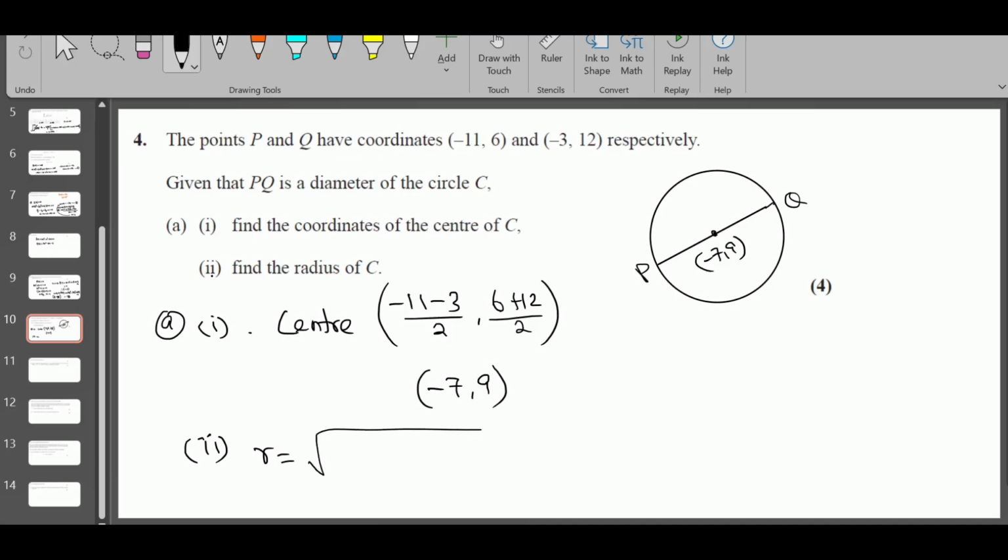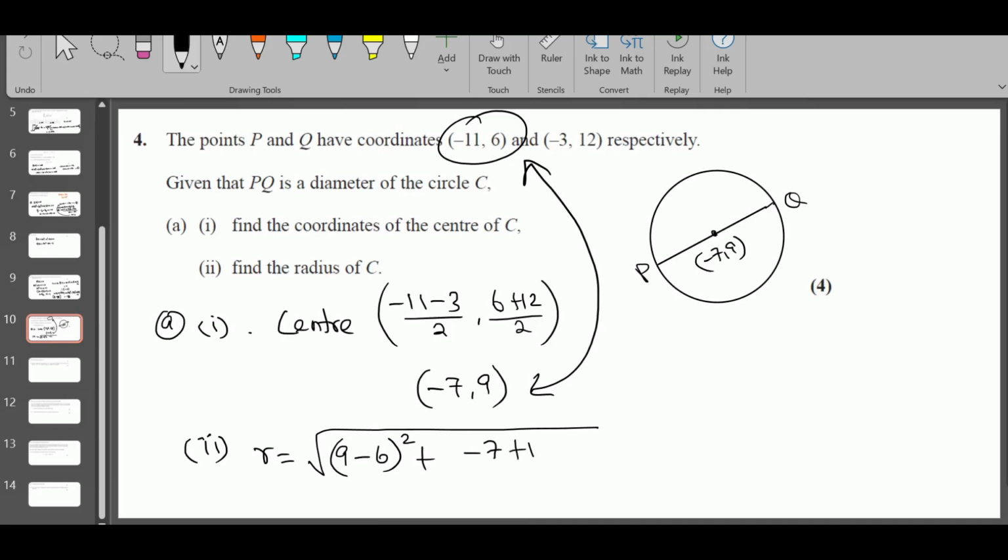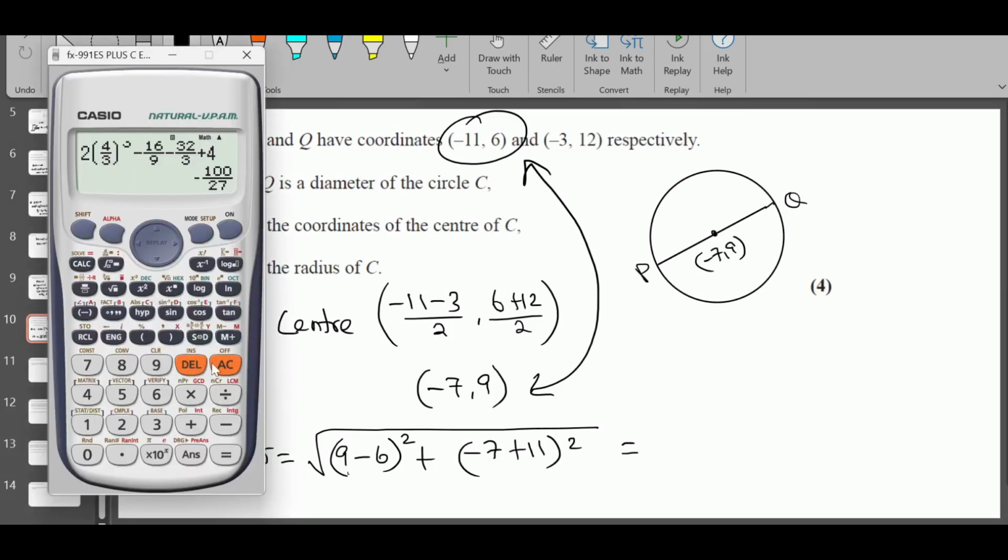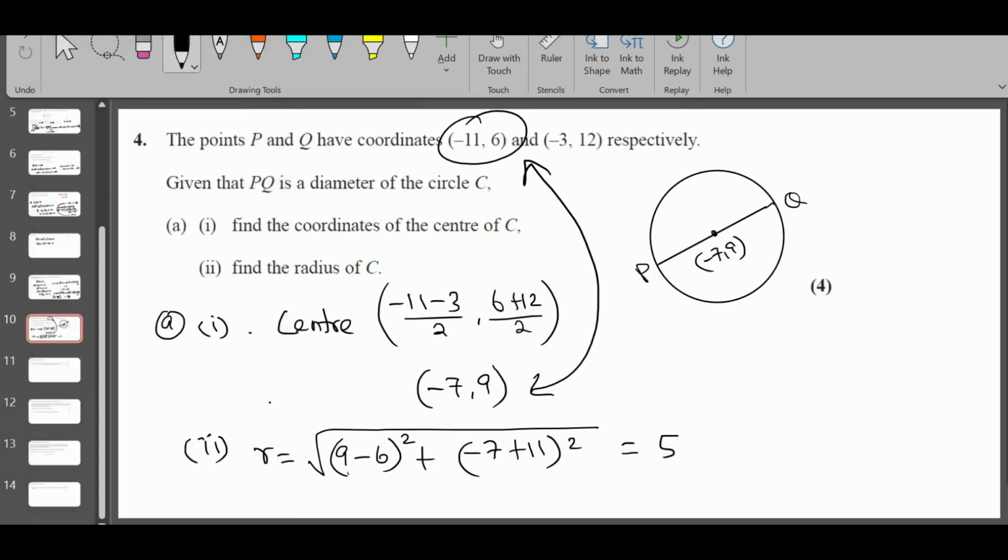So square root of y2 minus y1 the whole squared plus x2 minus of minus 11 the whole squared. 9 minus 6, 3 squared is 9. So square root of 9 plus 4 squared is 16, 25, is 5. So the radius is 5.